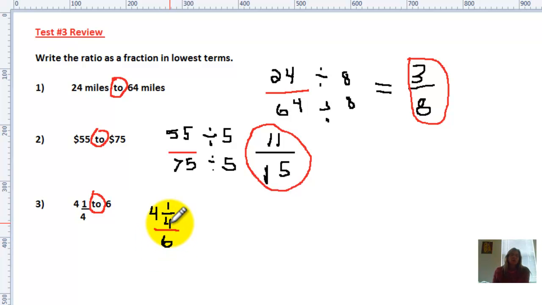And that is simply following your fraction rules to reduce. So we're going to take 4 and 1/4, and that'll be our dividend, and we'll divide that by 6 over 1, which means we're really multiplying.